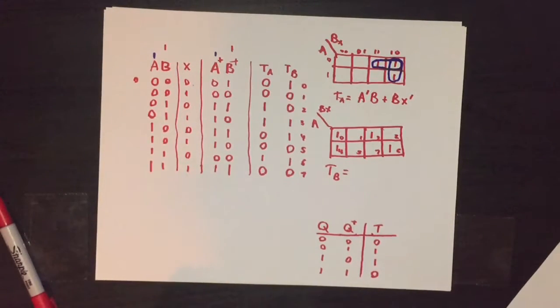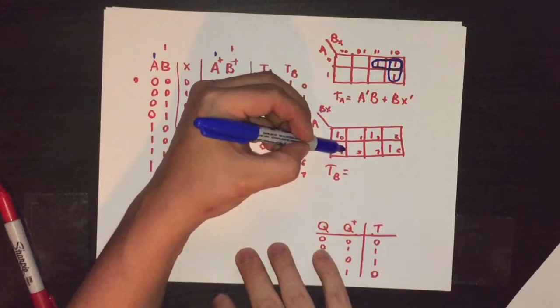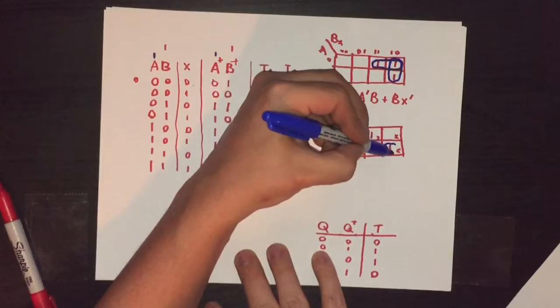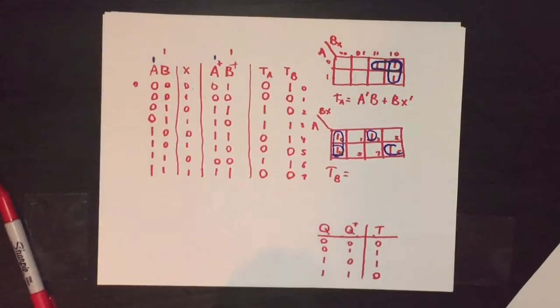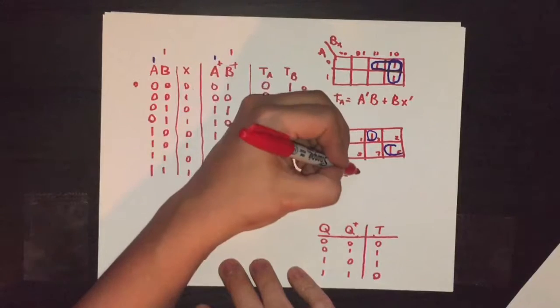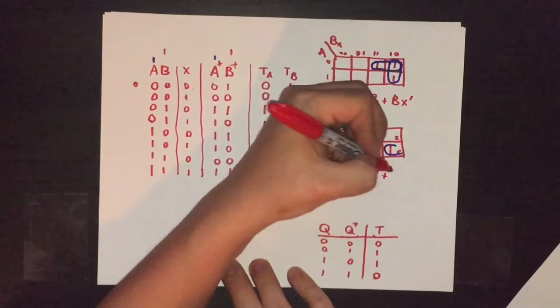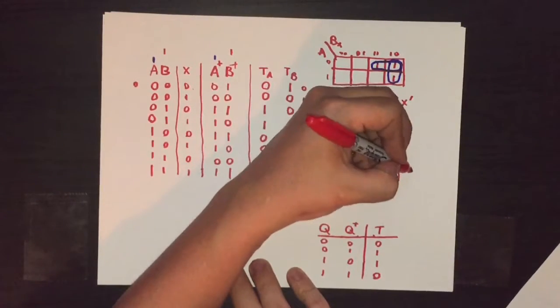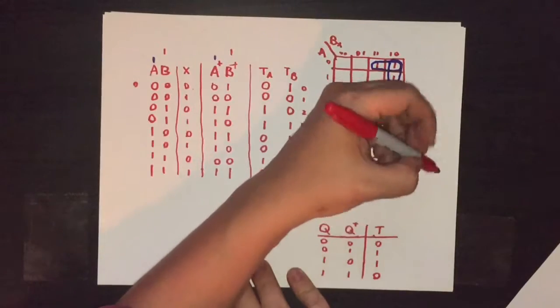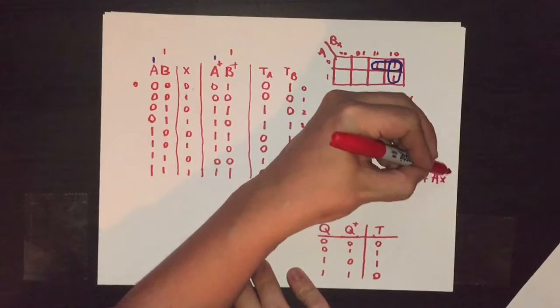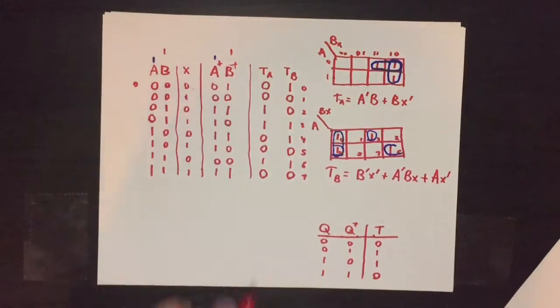This one we have a little bit more. So we're going to do one here, one here, and one here. And it looks like that's going to give us B naught X naught plus A naught B X plus A X naught. Alright, there we go. There's our two expressions for the T flip-flop.